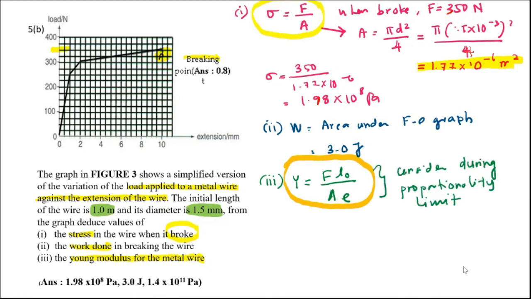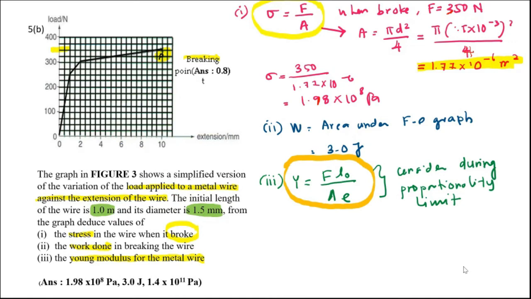We cannot use the breaking point. Please bear in mind, when we find the Young modulus from a given graph, the force we are supposed to choose is the force during the proportionality limit.